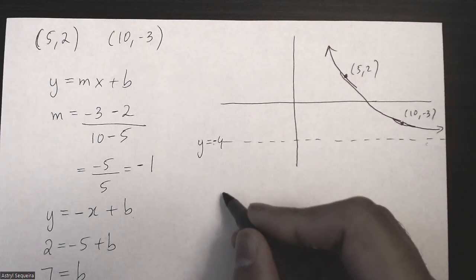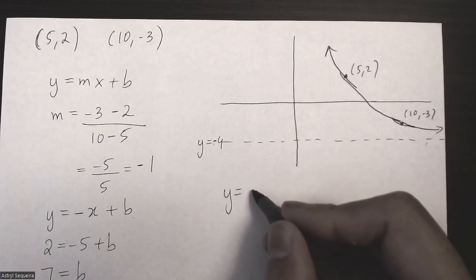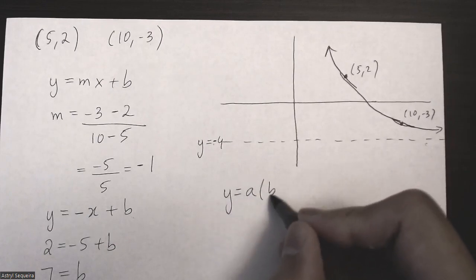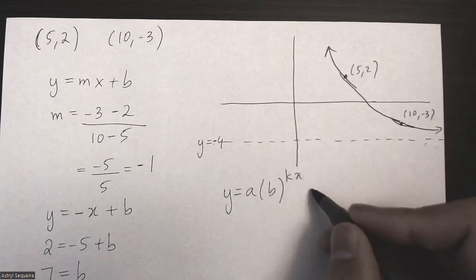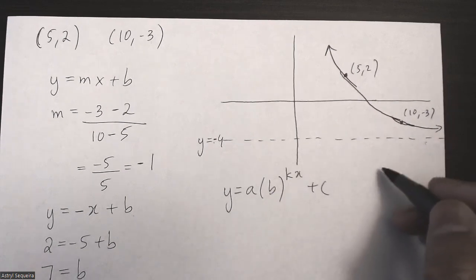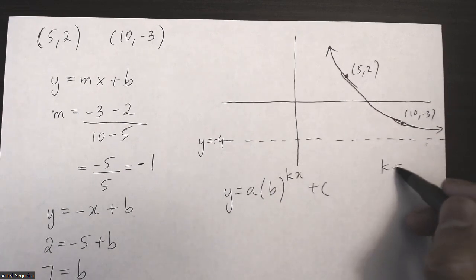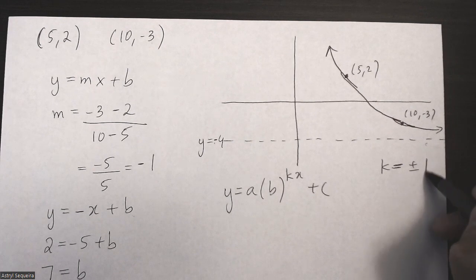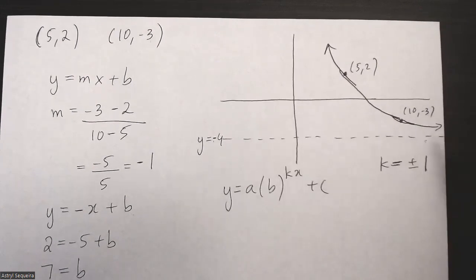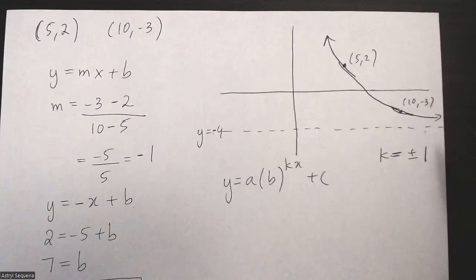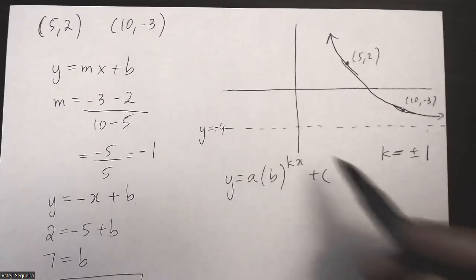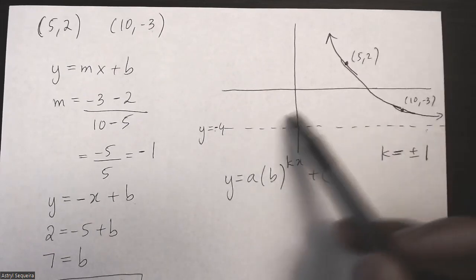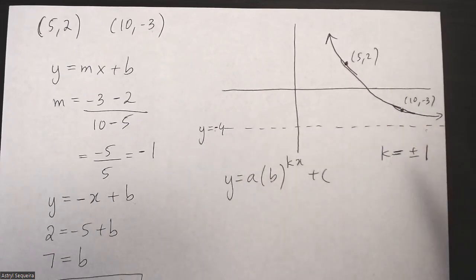So an exponential function is y equals a b to the power of k times x plus c, where k is either positive or -1, depending on if there's a reflection in the y-axis. And in this case, as we notice, if we're doing exponential growth it would go that way to the top, which means we do have a reflection in the y-axis here, which means k is -1.